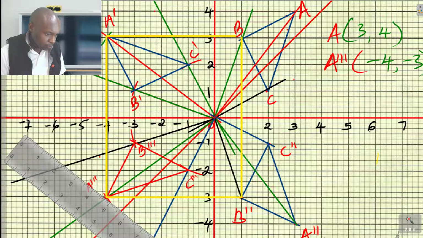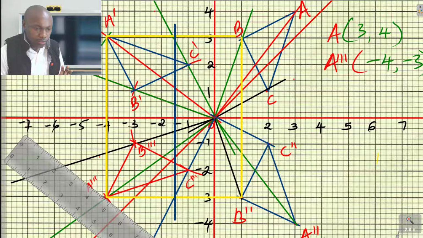That line is also going to divide this quadrilateral into two halves. Here's the line that passes through here. That line is automatically going to divide this quadrilateral into two halves. So the equation of this line is x is equal to -1.5.